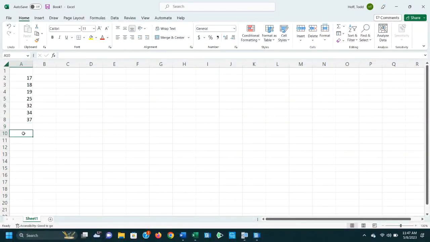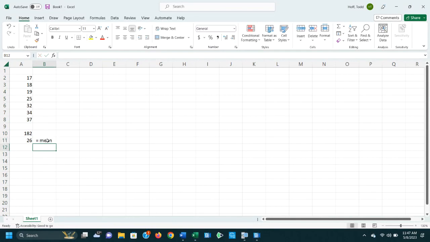So my 7 numbers, I'm going to find the sum here. Add those up, it's 182. I do that divided by 7, gives me a mean of 26.